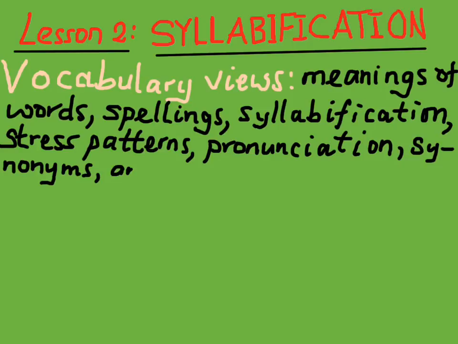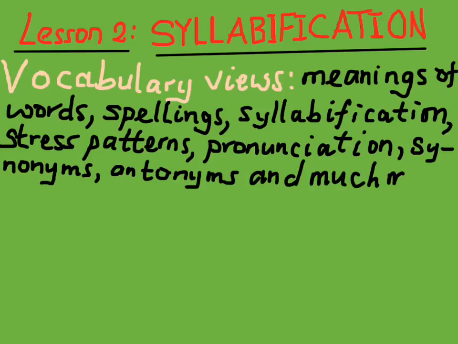Thus, this is the same for English vocabulary, which therefore means that if vocabulary has to do with the study of all the words in a given language, then the vocabulary of English will have to do with the study of all the words that exist in the English language, their spellings, how they could be syllabified, their stress patterns, how they could be pronounced.